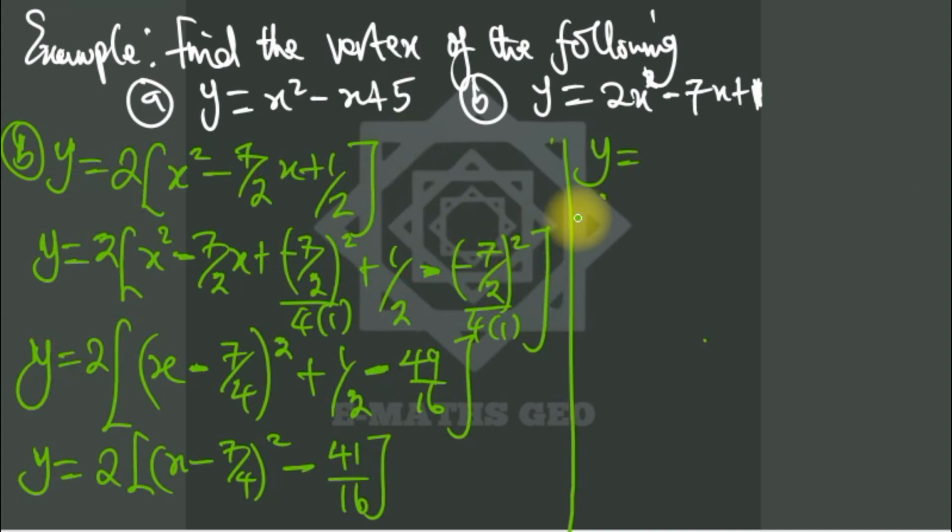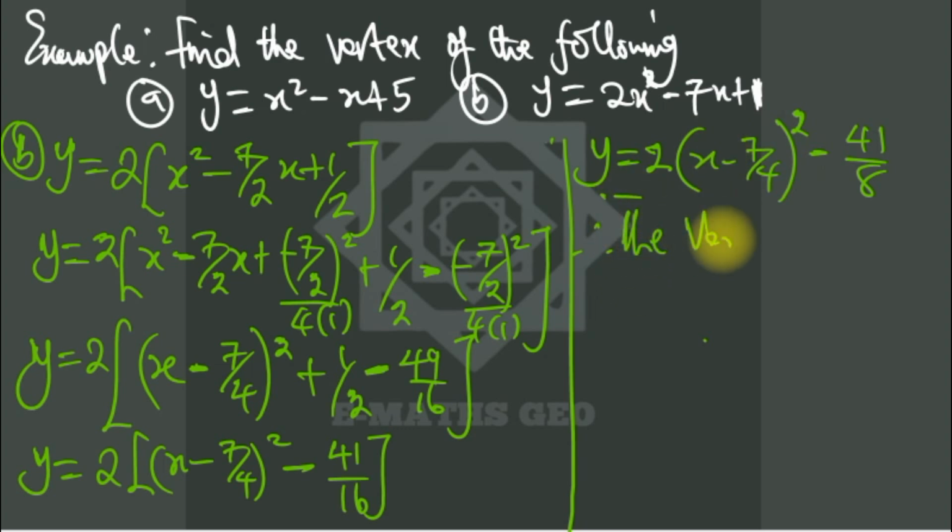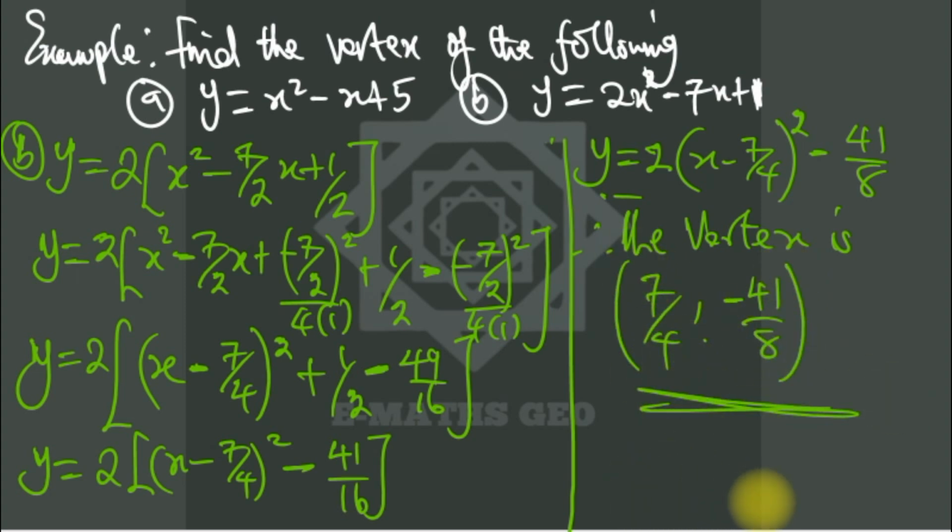So we compare, we open up. 2 times this is 2 times (x minus 7 over 4) all squared, and 2 times this is minus 41 over 8. Okay, we now have our vertex. Therefore the vertex is 7 over 4, that's our h, and our k is minus 41 over 8. So that's what we are looking for.